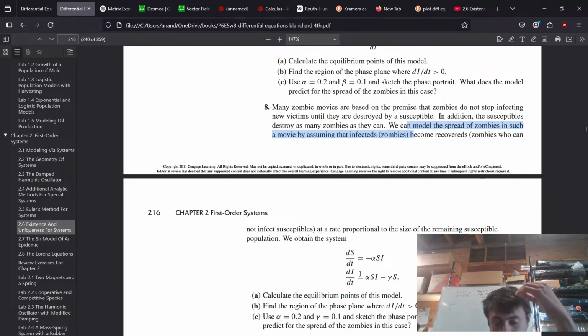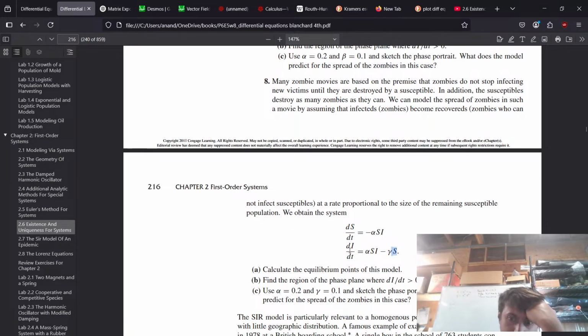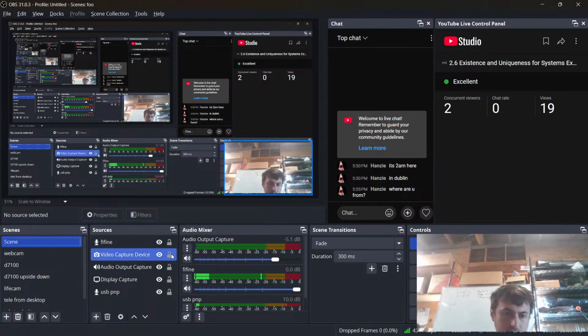So zombies grow with the interaction, the mass action, and then they decay with some rate back to here. So if you factor out an S from this, you're going to get alpha I minus gamma times S. So if S is equal to 0, wait, what? Yeah.